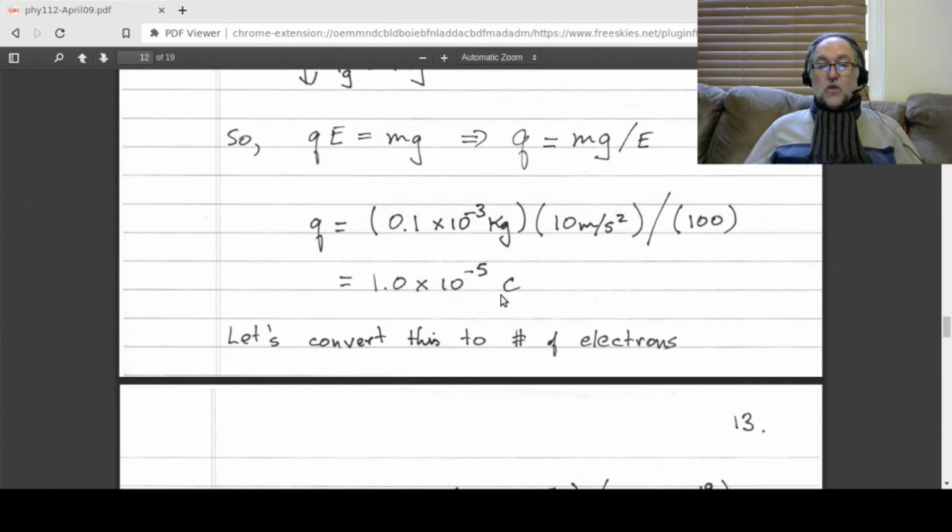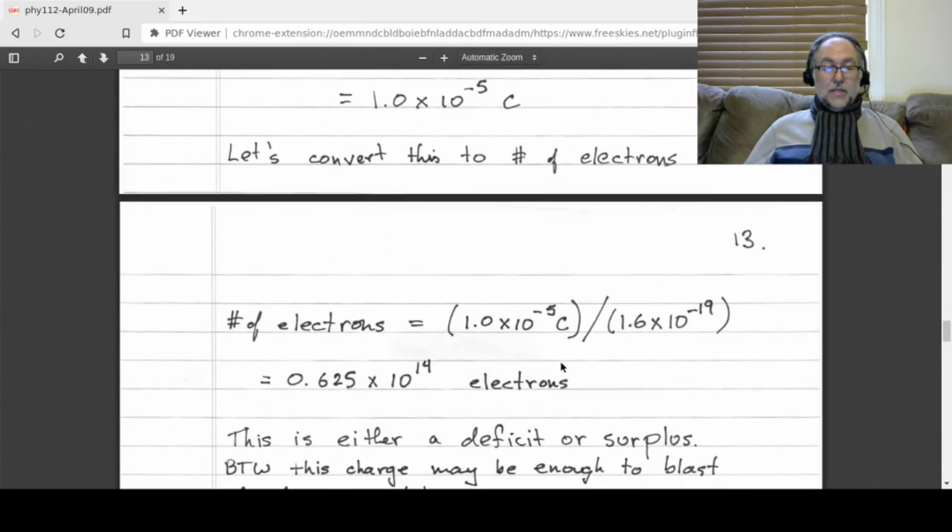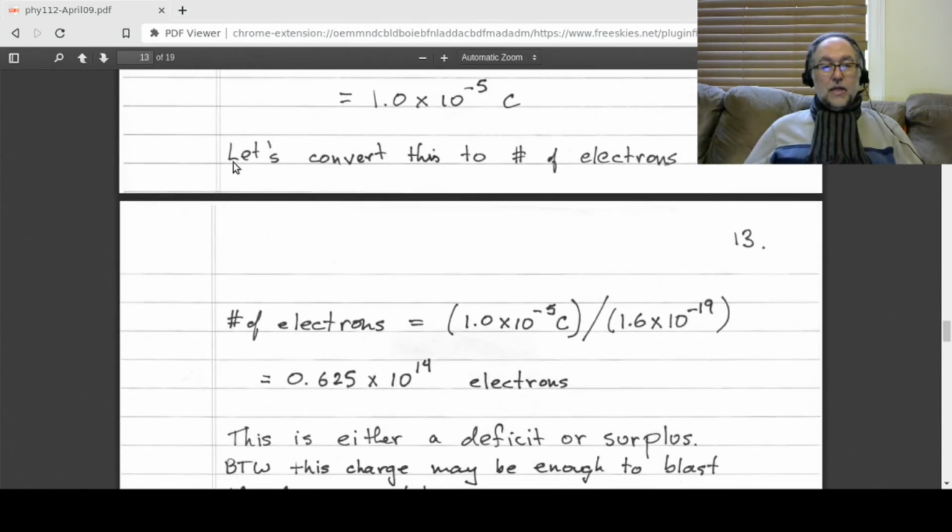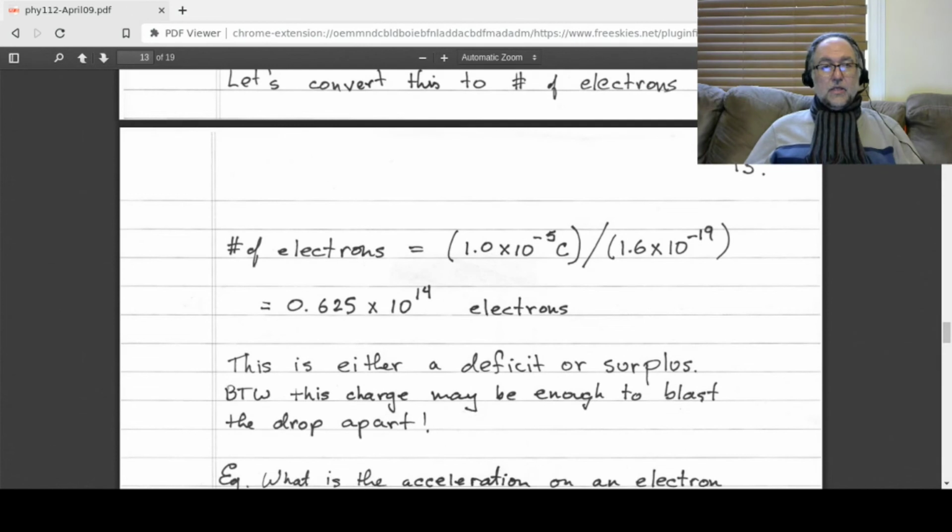Okay, so this is a small charge, but let's convert it to actually number of electrons, just to give an idea of how many electrons you would have to either add or remove from the droplet in order to get sufficient charge so that it remains suspended in this electric field. The number of electrons is going to be equal to the total charge divided by the charge of one electron.